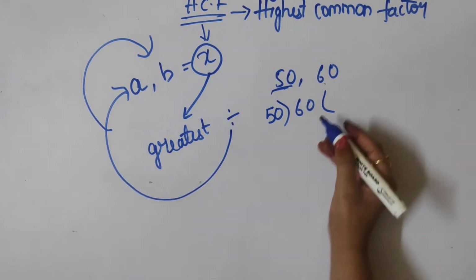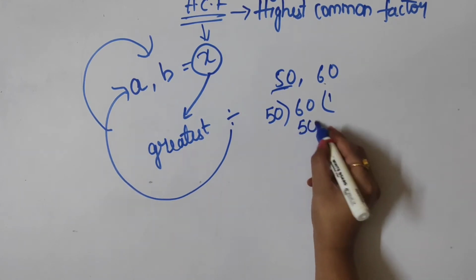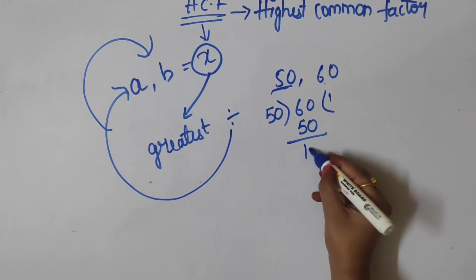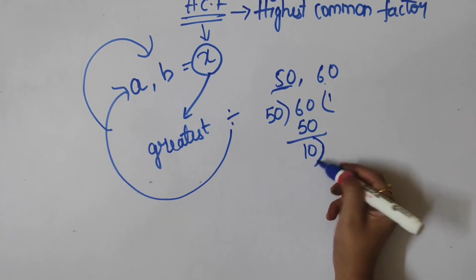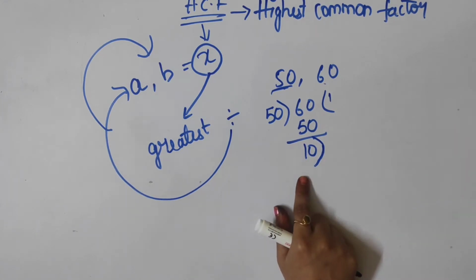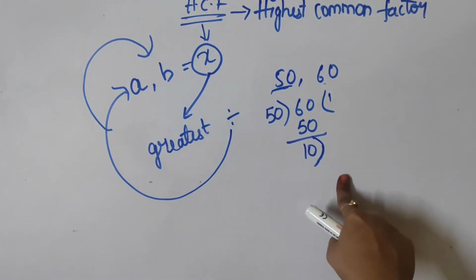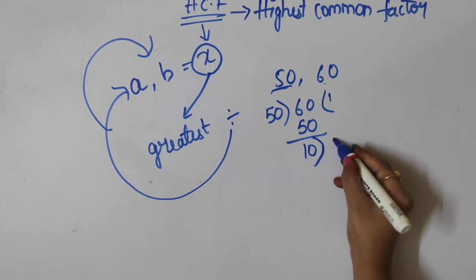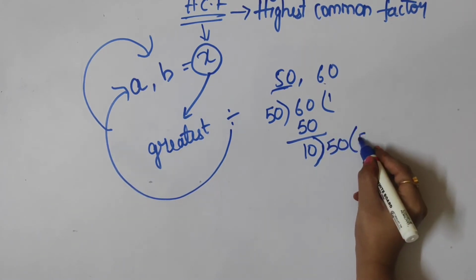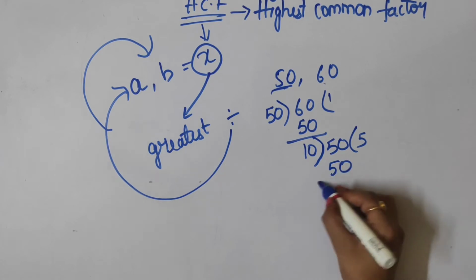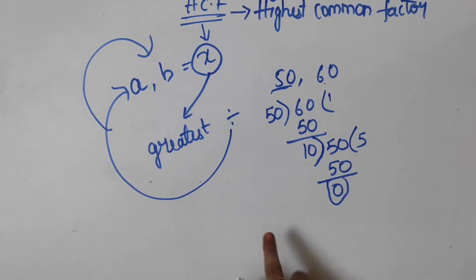Now let's see: 50 ones are 50 and the remainder is 10. As we didn't get 0 as the remainder, again 50 is going to be our new dividend. Now 10 5s are 50 and the remainder is 0.